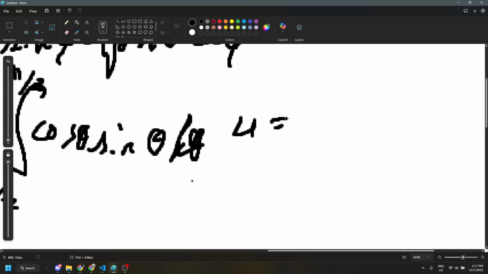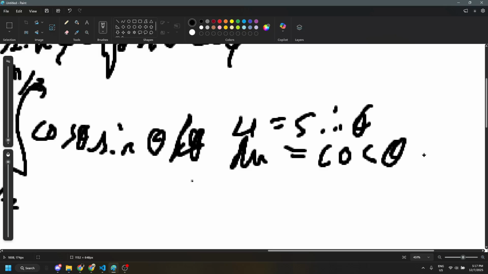So, we know u equals sine theta, I guess. And then du equals cosine theta d theta.